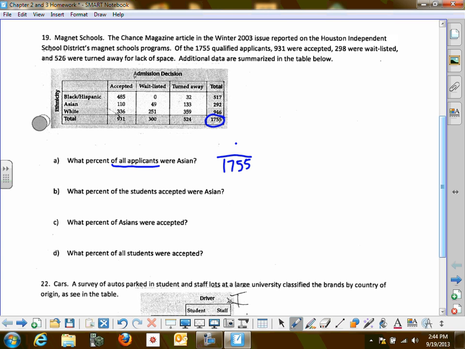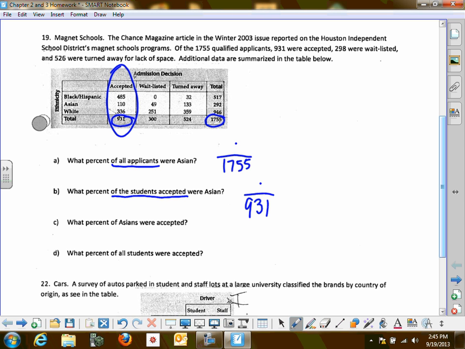B. What percent of the students accepted? So what's that total of that group? What percent of the students accepted? So that means we're talking out of 931 that are accepted, and you'd put the Asian portion of that.